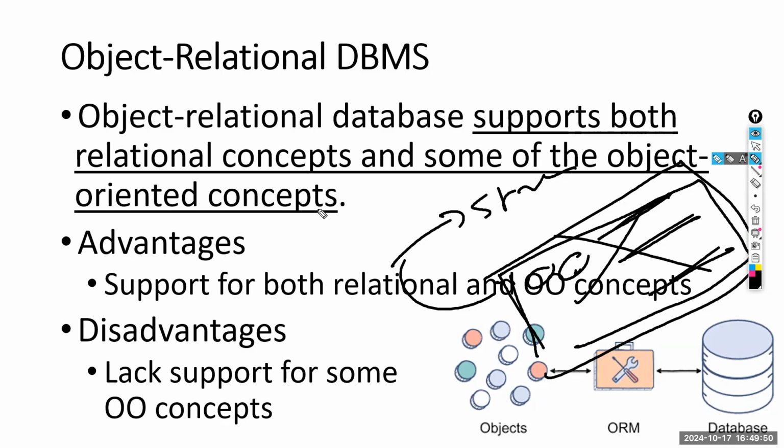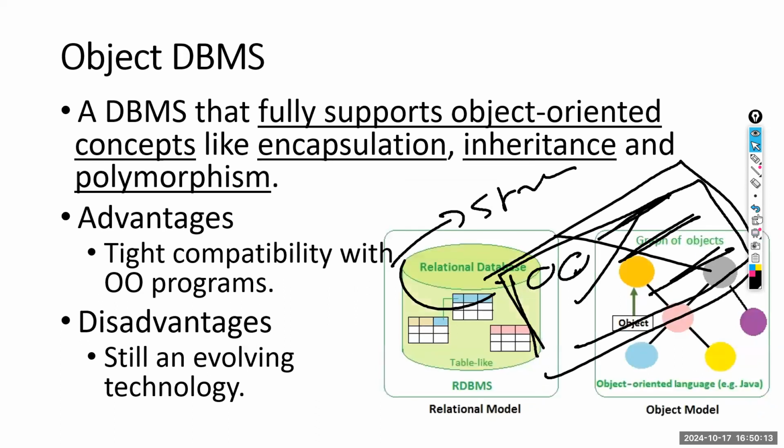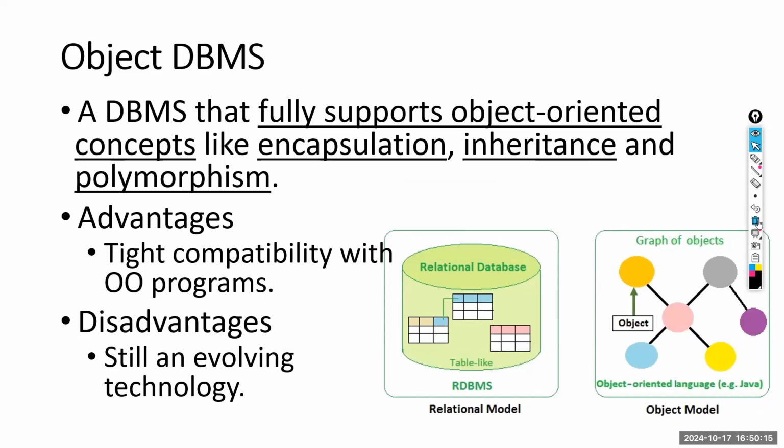Because we are in a transition, the object-oriented concepts are still not 100% evolved, especially on the database side. So if you need object-oriented support and also don't want to get out of the relational side, we go for object relational databases. Object databases support object-oriented concepts like class, object, inheritance, encapsulation, polymorphism, which are modern programming techniques.